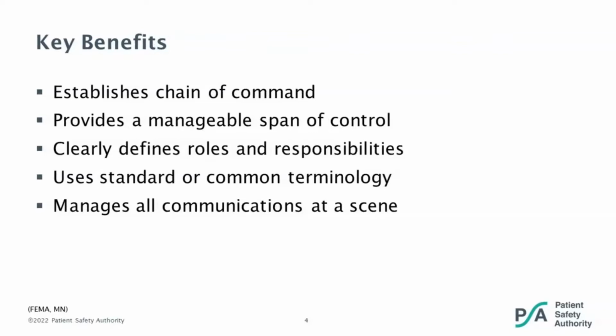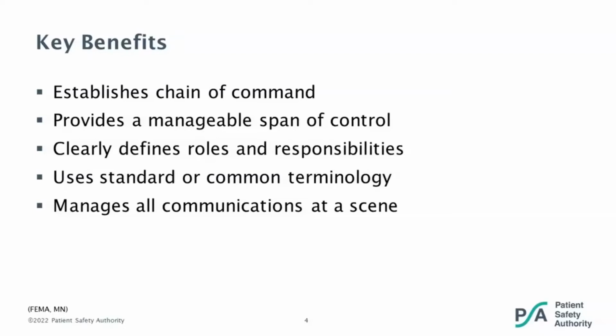So what are the key benefits of an incident command system? It establishes the chain of command for the response, and it is clear, defined, visible lines of command. It provides a manageable span of control. What they mean when they say manageable span of control is the number of individuals or resources that one supervisor can manage effectively during an incident.